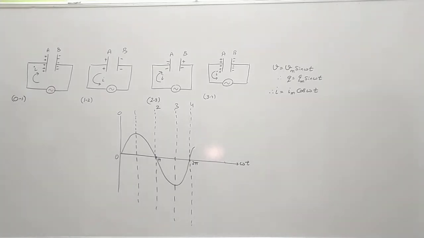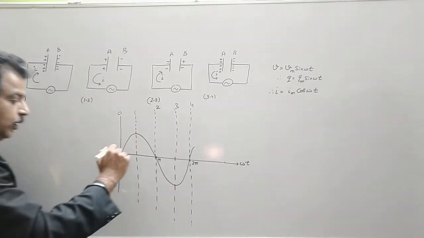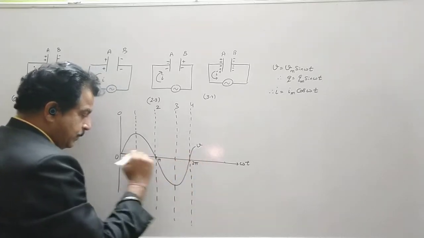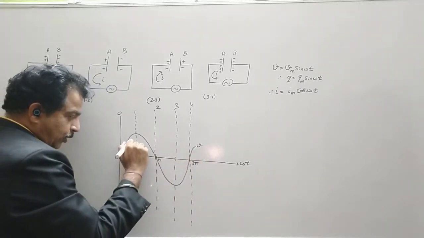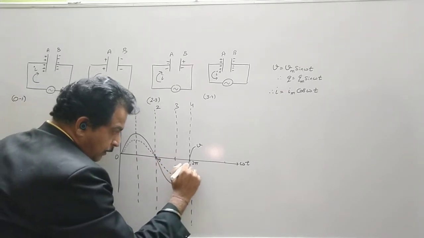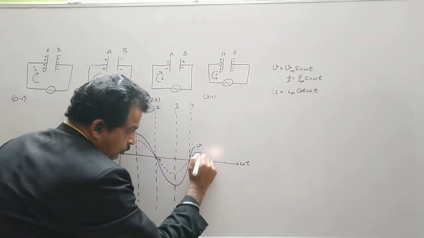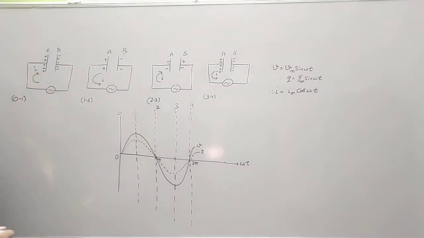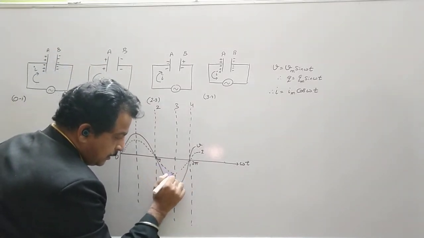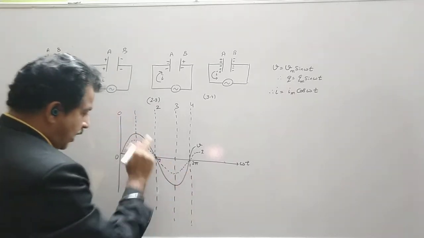Now Q is also a function of sine, so we draw a Q similar to the V. This is our V. Q we show by a dotted line. So this is Q. As the time increases, the capacitor is charged.